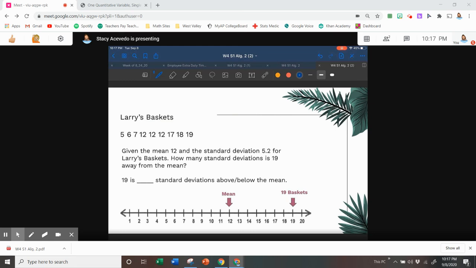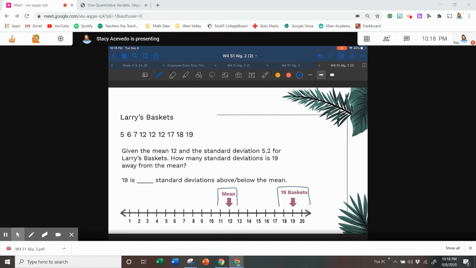Here's Larry's basket. Given the mean 12 and the standard deviation 5.2 for Larry's basket, how many standard deviations is 19 away from the mean? We know that the mean is 12, and here's Larry's 19 baskets on the number line.